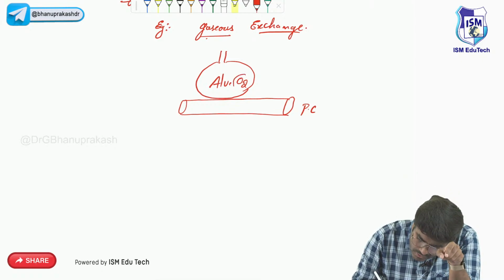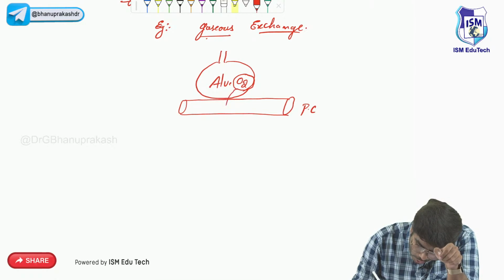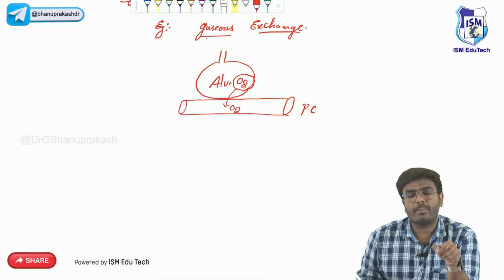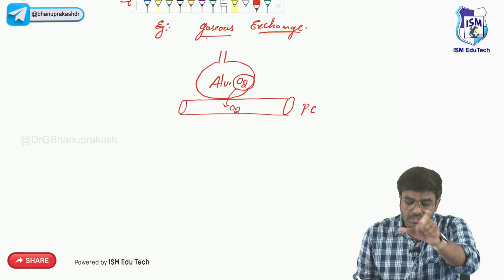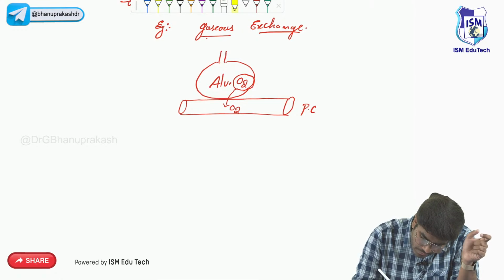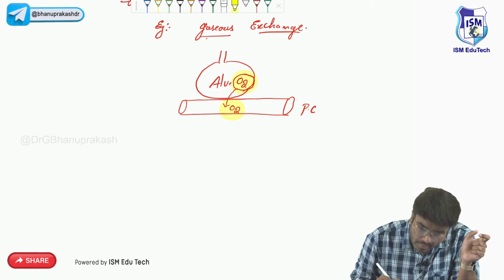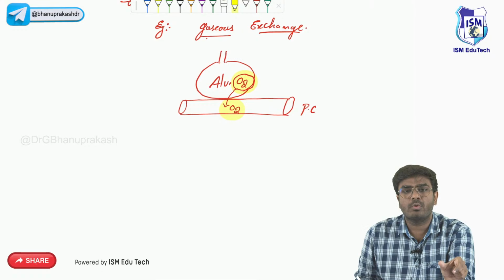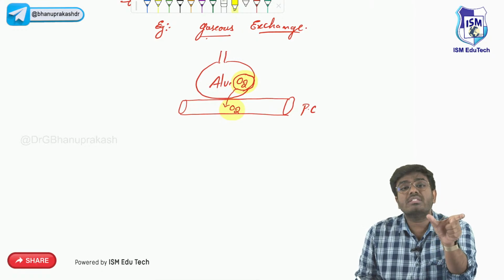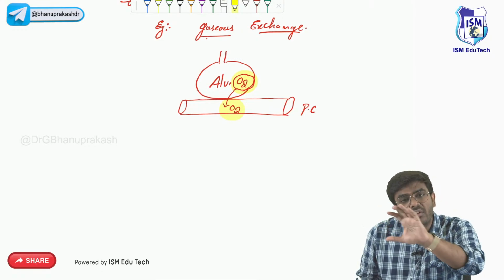Here in the alveolus, oxygen concentration is more. So automatically, oxygen will cross these layers and enter the pulmonary capillaries. There is transport happening from the alveolus into the pulmonary capillary. This type of transport follows the concentration gradient without use of any ATP.